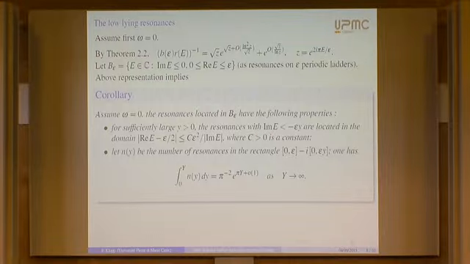What you show is that the resonances that are below this line, for real part between 0 and epsilon, otherwise it's repeated periodically, are actually located inside such an interval. The real part is located in such an interval. And you can compute an asymptotic of the number of these resonances.